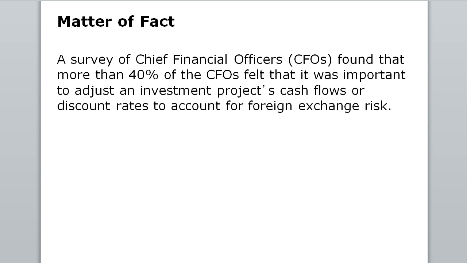Now, a survey of chief financial officers found that more than 40% of CFOs felt it was important, when investing in projects, to adjust cash flows or discount rates to account for the foreign exchange risk. So kind of build that into the project.